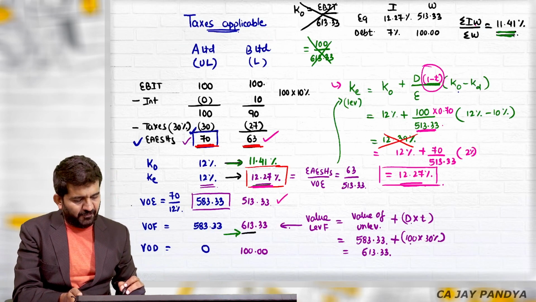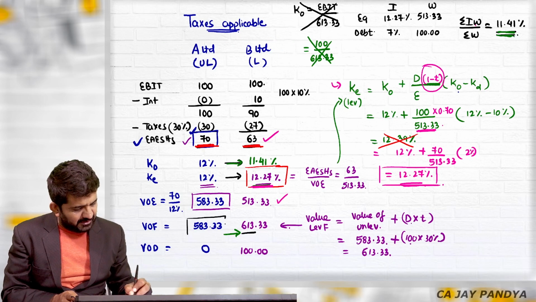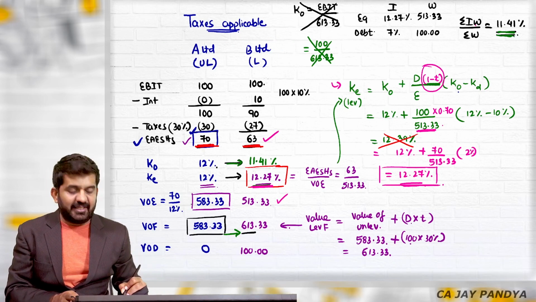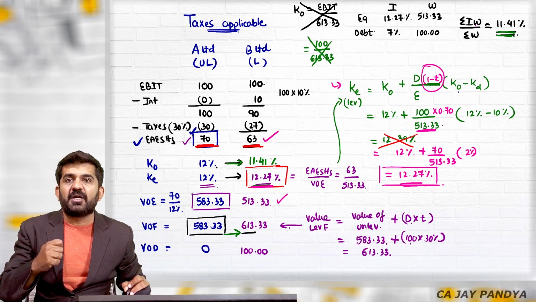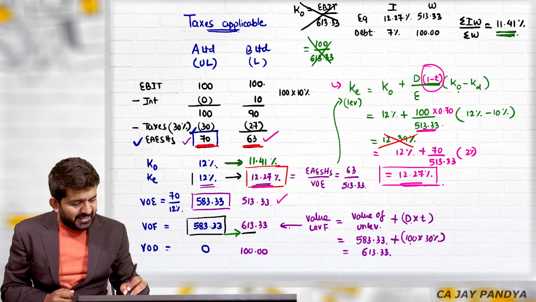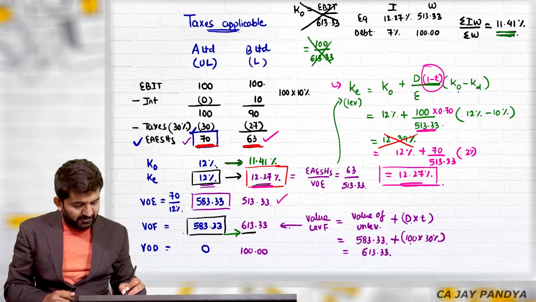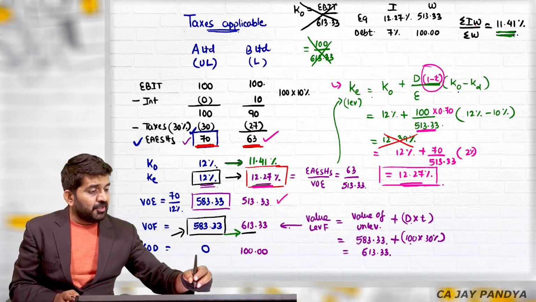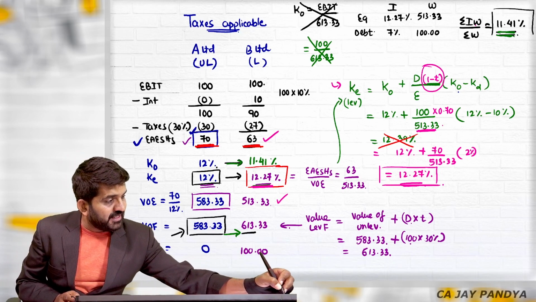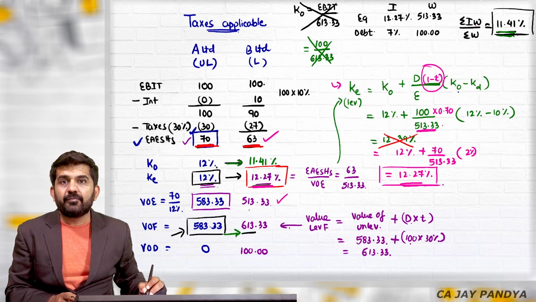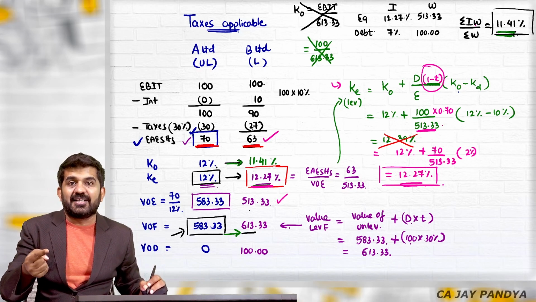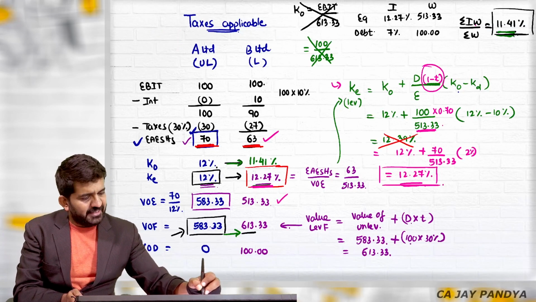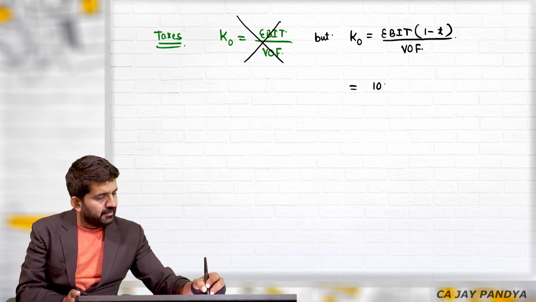Let me verify. Here I was not getting the correct answer of value of firm with 100 divided by 12%. But 100 into 1 minus t is 70, and 70 divided by 12% gives the answer of 583.33. Here also for KO, I have done sigma IW divided by sigma W, but I could have done this: KO, what is EBIT in this case? 100.